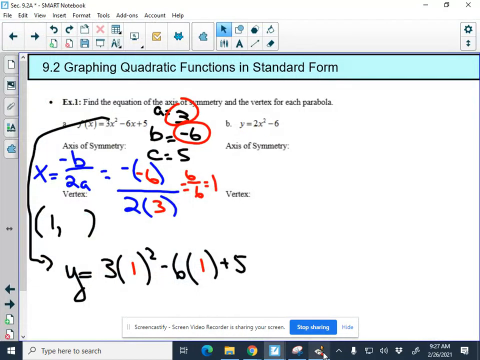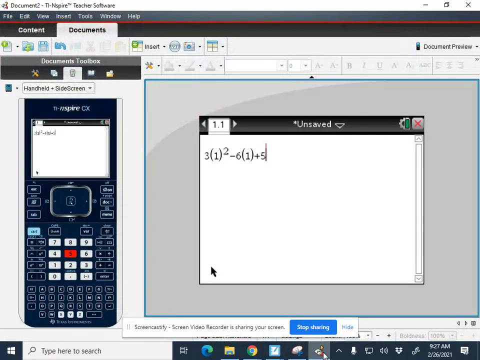Plus 5. Okay, so get it typed in. Look at the equation. Look at mine. I'm giving us time, making sure we type it in. It's good practice. And all we did is we put the 1 in everywhere we saw an x. There's 2 places we see an x. The one place it squares it, the one place it doesn't.